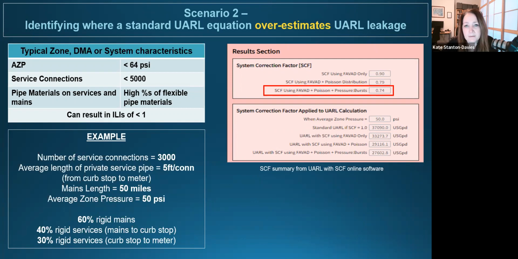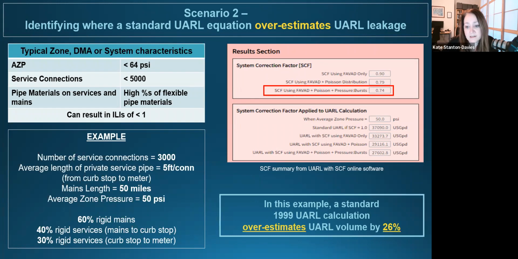Now, to make that meaningful, if you consider that the value of an SCF using the standard UARL equation would be equal to 1, then an SCF equal to 0.74 means that in this particular system with these particular characteristics, the standard UARL equation would overestimate UARL volumes by 26%.